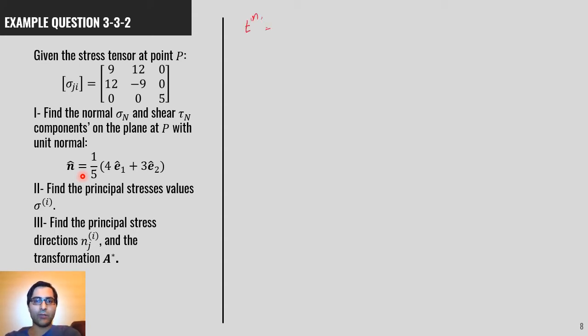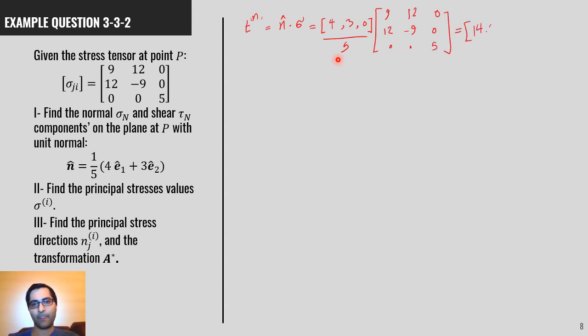So let's start by finding the traction, or stress vector, associated with the plane normal to n. It becomes, from Cauchy's stress relation, Cauchy's stress equation, n dot sigma. The n vector, the sigma vector, and here's the result: 14.4, 4.2, and 0.